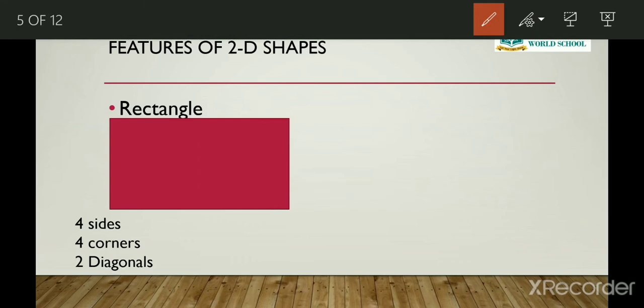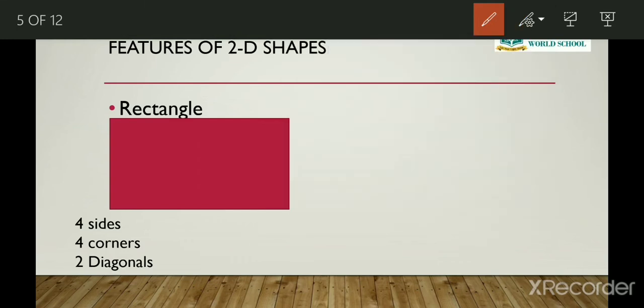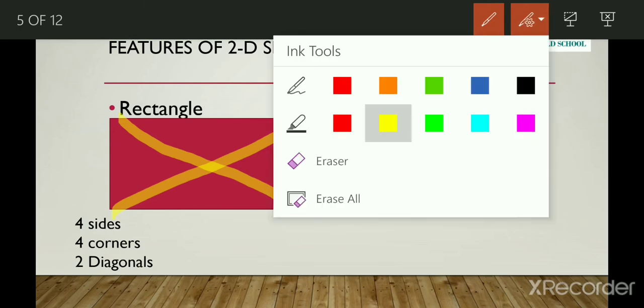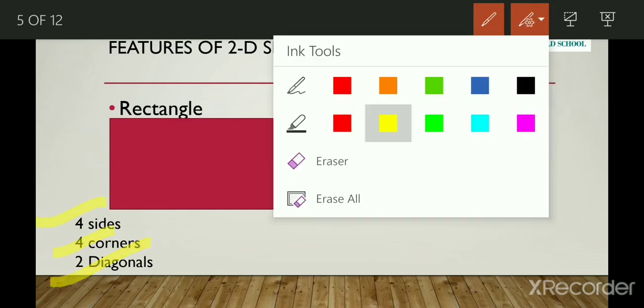Now, coming to the diagonals, how many diagonals are possible? See, one corner to its opposite, one diagonal, this corner to its opposite, two diagonals. So in total, in a rectangle, 2 diagonals are possible. So 4 sides, 4 corners and 2 diagonals. Okay.